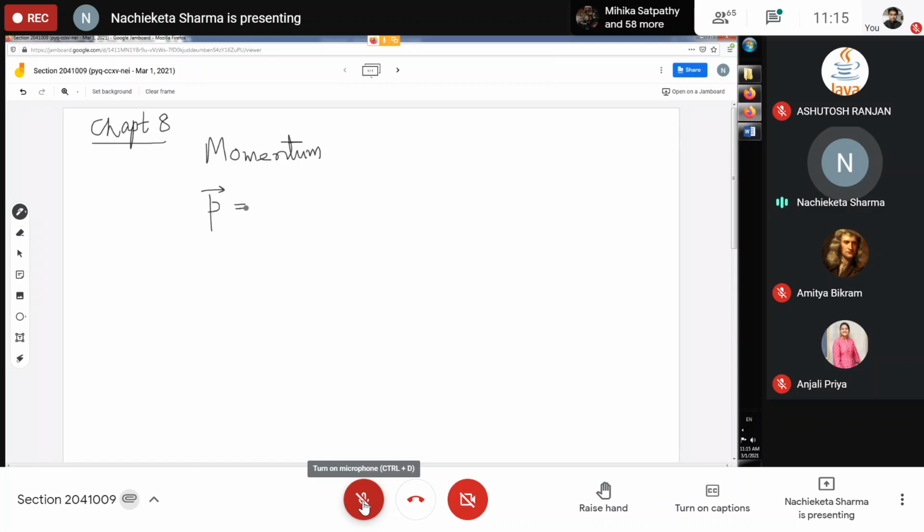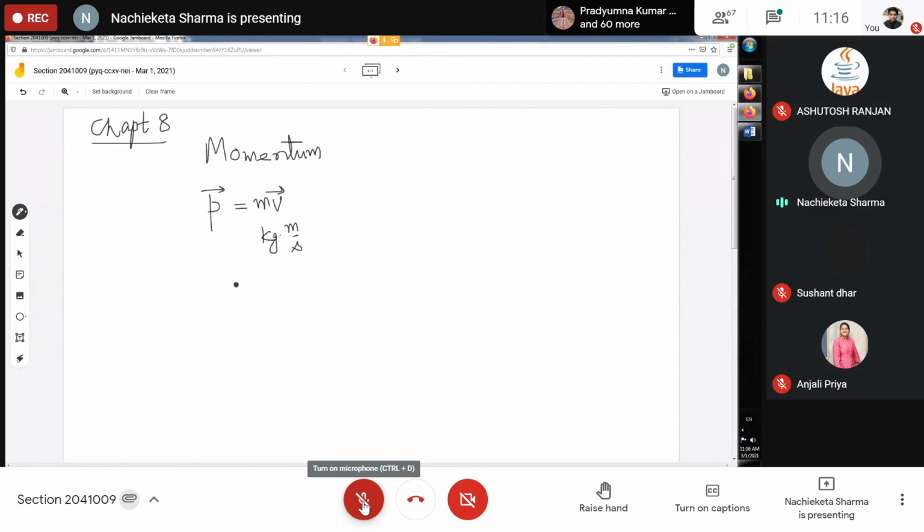It is a vector quantity. It is the product of a scalar mass m and a vector v. Its SI unit is kg meter per second. So this is momentum.